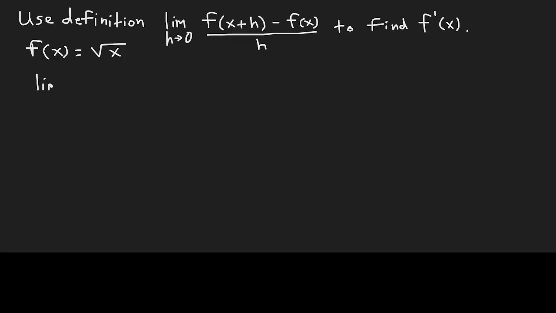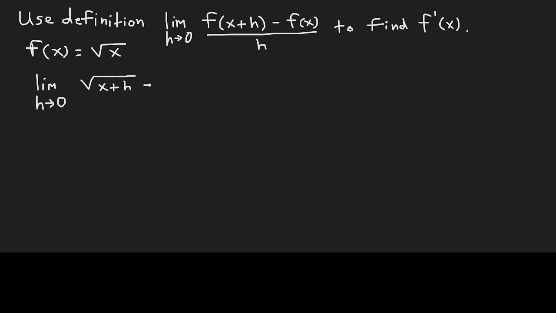We got the limit as h approaches 0. So f of x plus h: we're going to replace x with x plus h. That's going to give us the square root of x plus h.